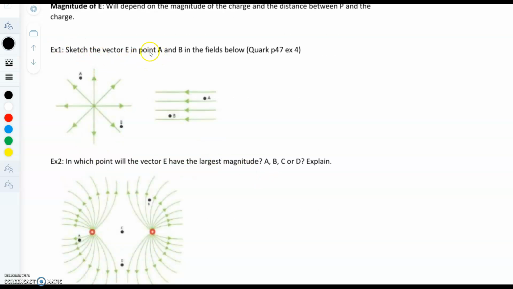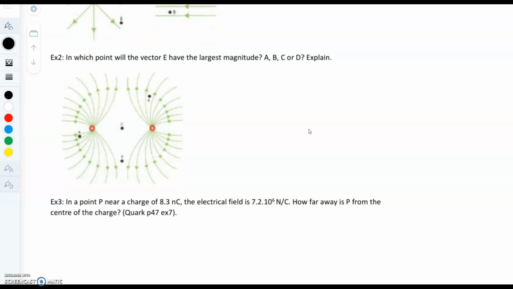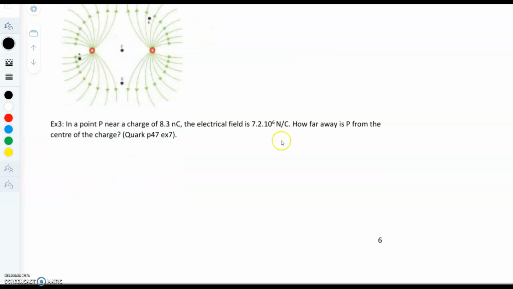Sketch the vectors in points A and B in the fields below. That's the first bit you'll have to do yourself. Exercise 2. In which point will the vector E have the largest magnitude? And you'll have to choose between A, B, C, or D in this case, with a short explanation as to why you've chosen either answer. Now, exercise 3 is a good old questionnaire.